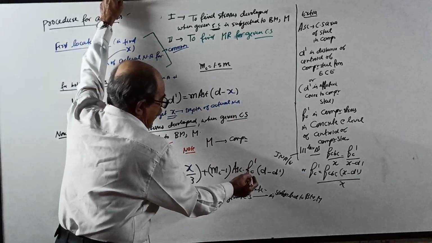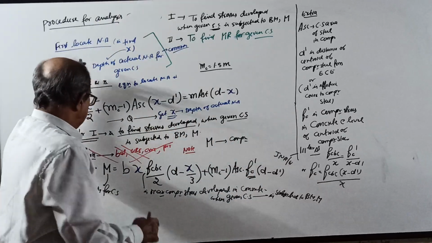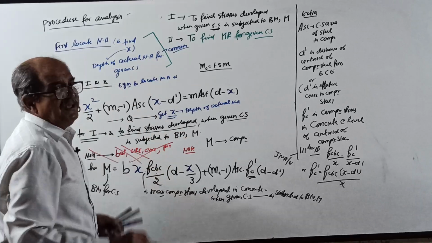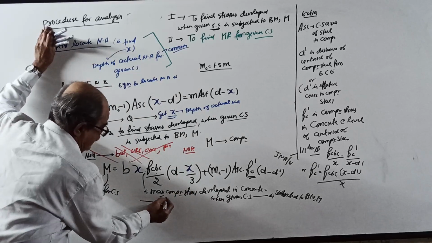FC dash I will tell in the class. So this is the expression for M. Remember, substitute for M, get FCBC.